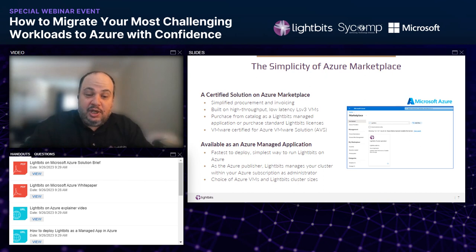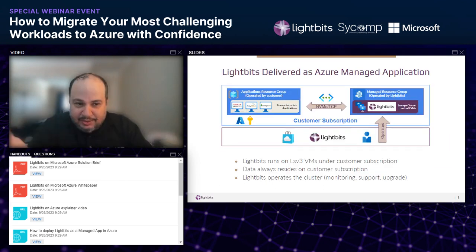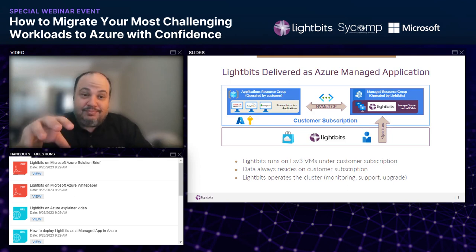And it's not just that we are giving this via the marketplace. Also, the model that we use in the marketplace is very user-friendly. We deliver Lightbits as an Azure managed application. What that means is that the customer has the subscription, running the applications in their own resource groups. And when Lightbits is deployed as a managed application, it's deployed in the same subscription. So all the data resides in the customer subscription, but all the Lightbits resources are deployed in what's called the managed resource group.